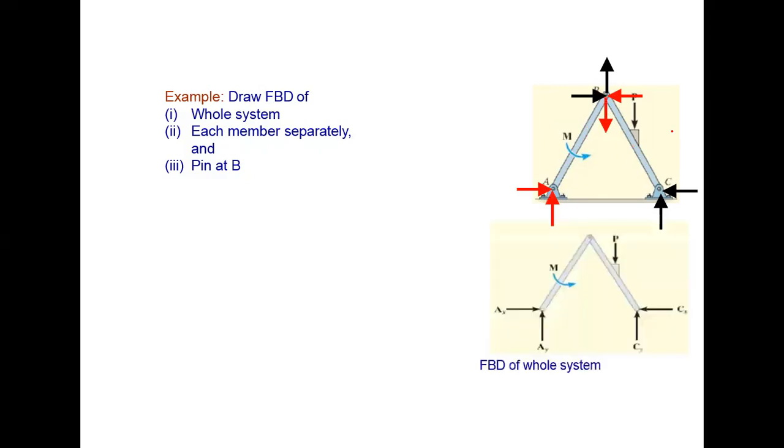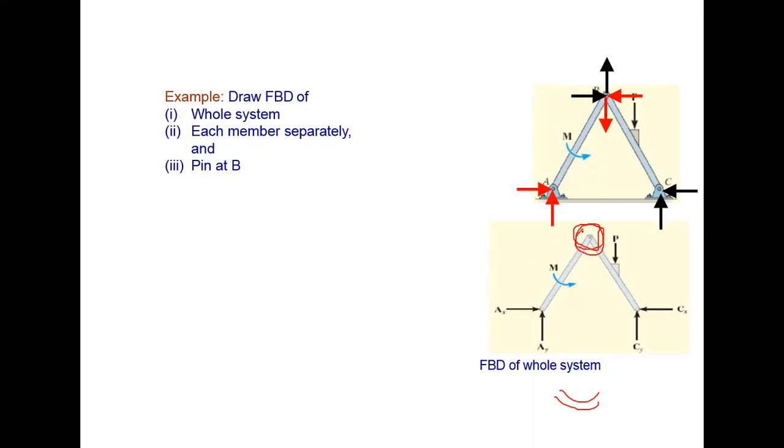So how to draw? This is the FBD of the whole system. If you are drawing the FBD of the whole system, then you will not draw the internal reactions. Keep in mind, in this FBD of the whole system, I have not shown the internal forces.